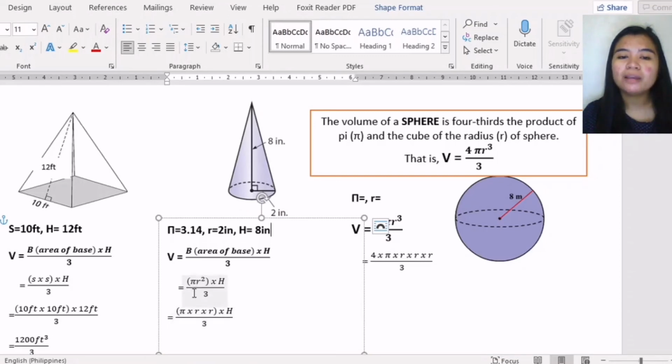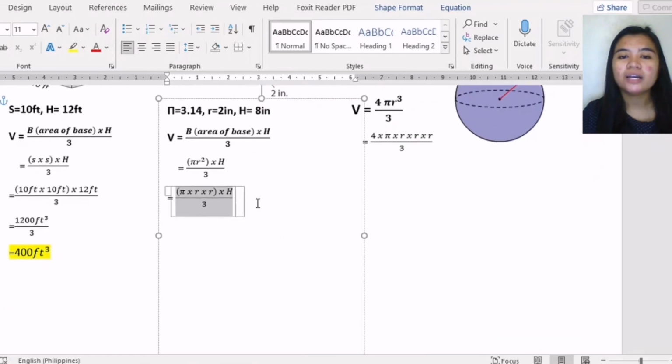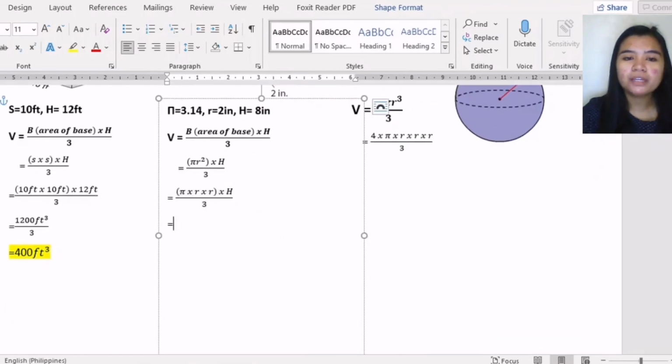So, eto, hinimay ko na yung pi r squared, which is pi times r, and then times r times h, and then divided by 3. So, ang gagawin natin is kokopyahin ko lang to sa baba para magsa-substitute na lang tayo. Ayan. So, copy equal and then substitute the given value for pi.